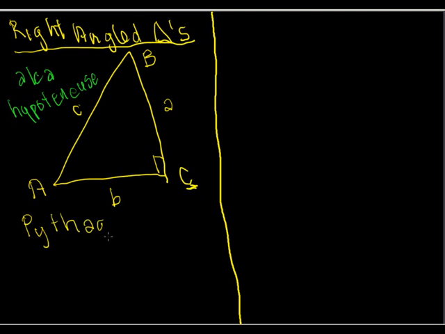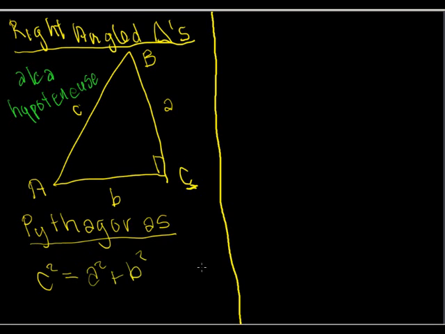Pythagoras, and his theorem. Now, what he said was that the square on the hypotenuse, c squared, equals the sum of the squares on the other two sides, a squared plus b squared.